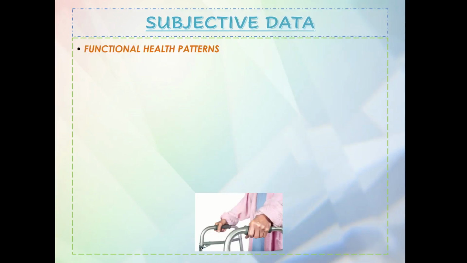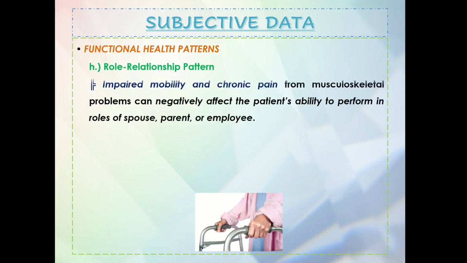Okay, next we have role relationship pattern. Impaired mobility and chronic pain from musculoskeletal problems can negatively affect the patient's ability to perform roles of the spouse, parent, or employee. Di ba?